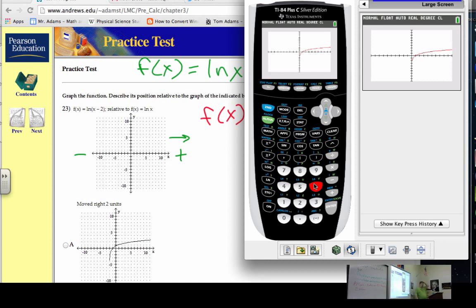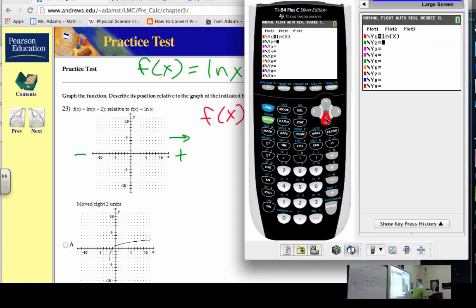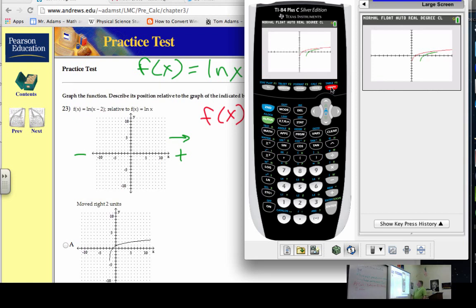And our prediction was it should look exactly like that red line, but it should shift which way? 2 units to the right. So let's see. Natural log of x minus 2. That's what it does.